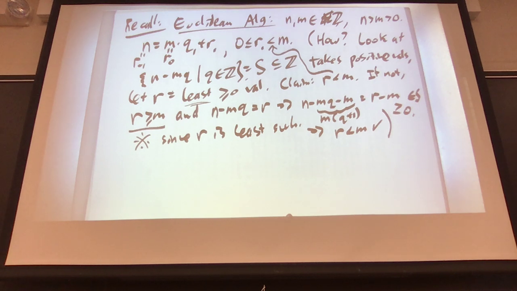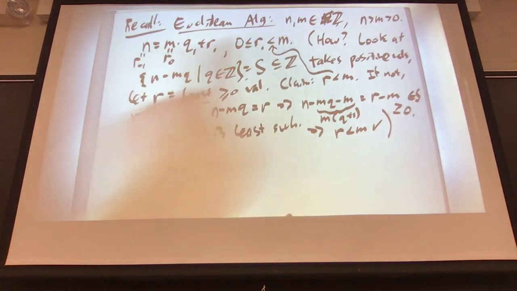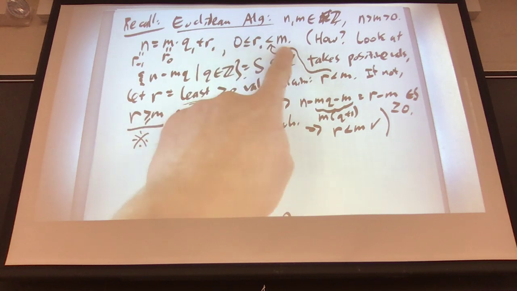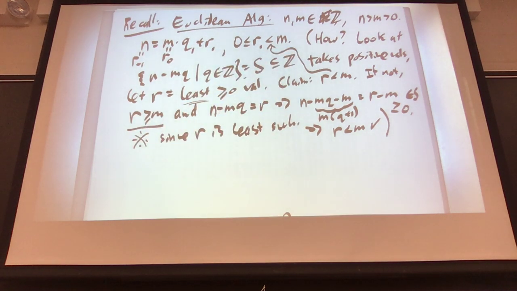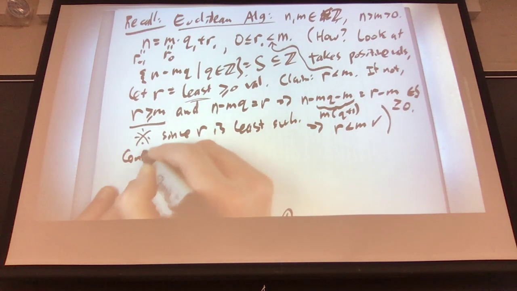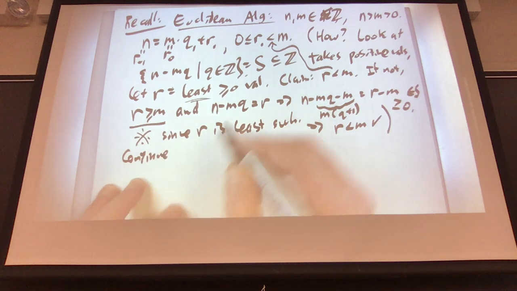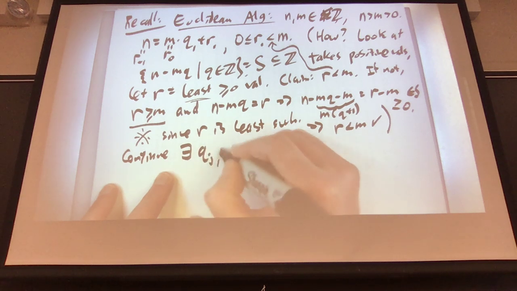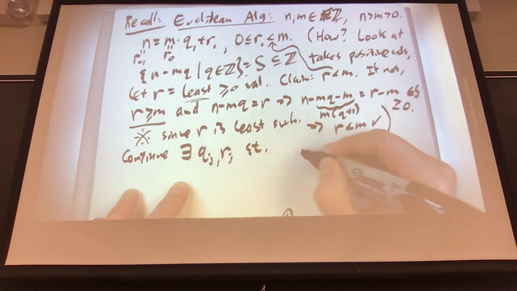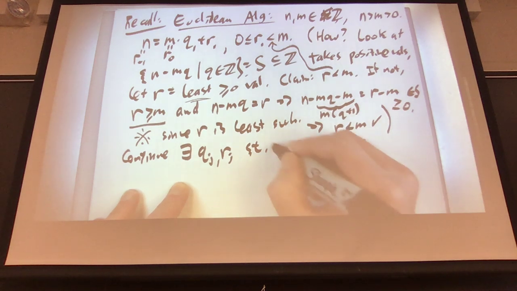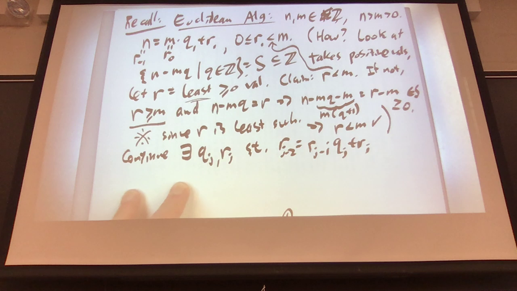And then we're back to the Euclidean algorithm. We have two integers n and m. n is m times somebody plus a remainder, which is strictly less than m. Then we continue. So at each stage there exists a q_j and r_j such that r_{j-1} times q_j plus r_j makes r_{j-2}.